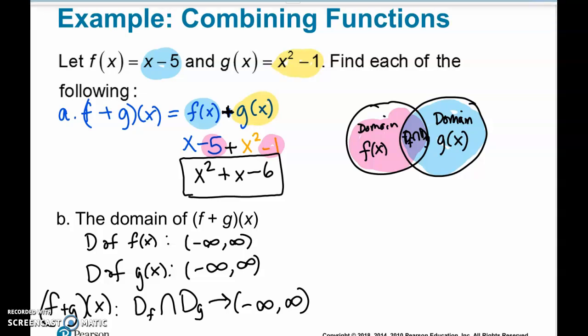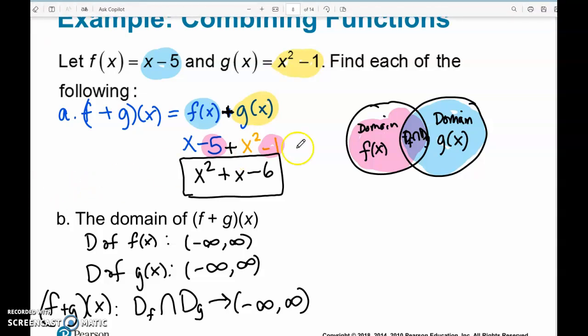So, in this case, the whole thing overlaps because they share the same domain. But where they overlap would be the domain of the addition, or any of the algebraic functions.